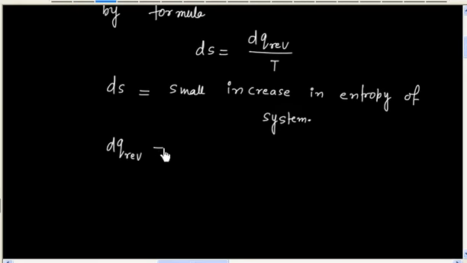dQ reversible denotes a small amount of heat absorbed by the system.